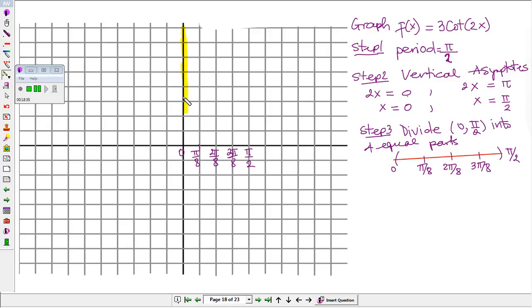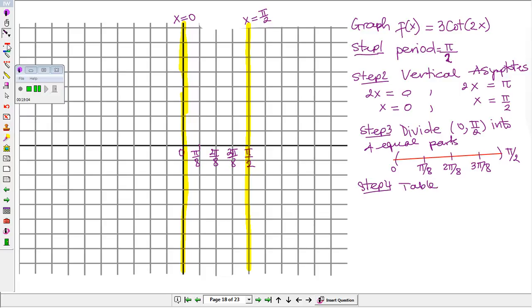The first one is x equals 0. I'm going to highlight my vertical asymptote. And the second vertical asymptote will be x equals pi over 2.